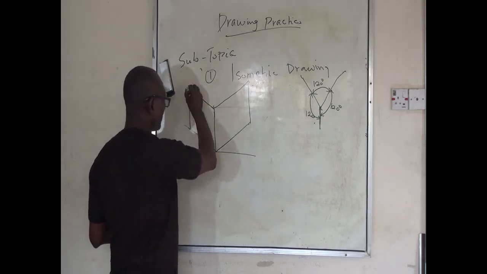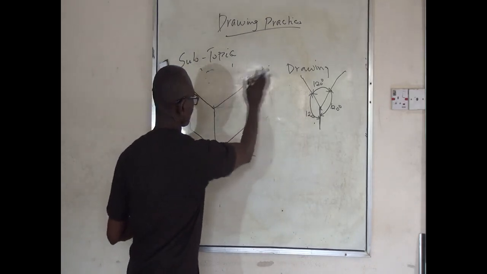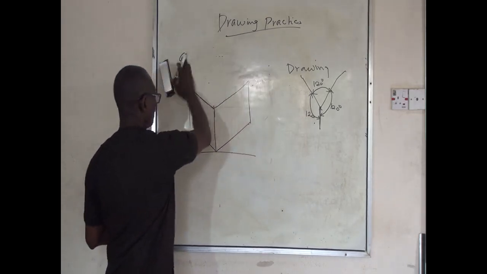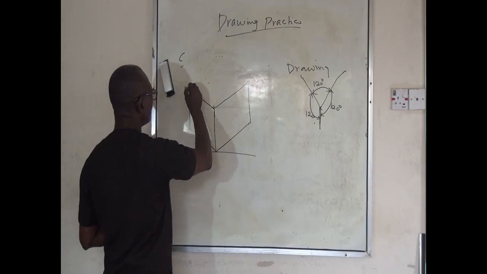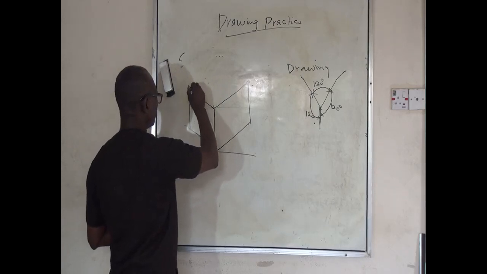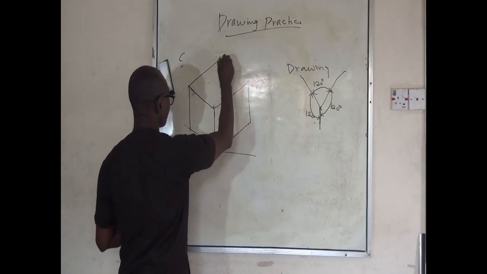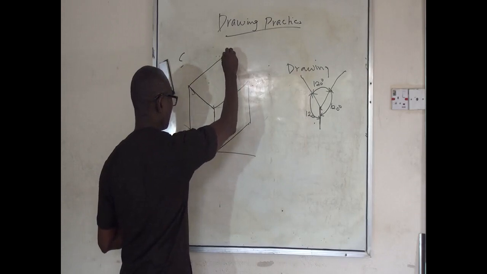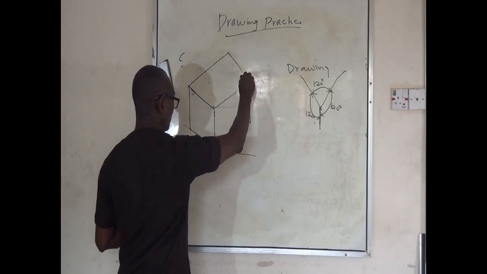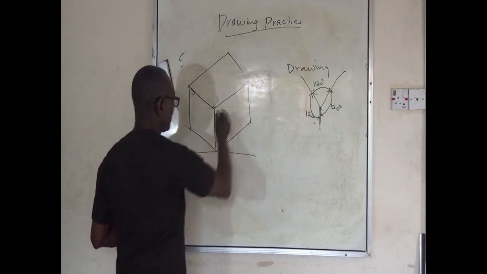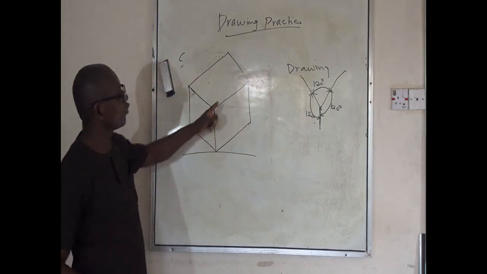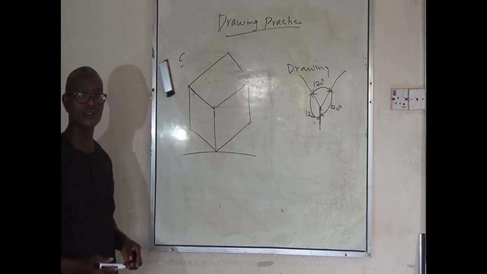Then you put another line here which is also parallel to the receding axis. From here you see that you have your box.